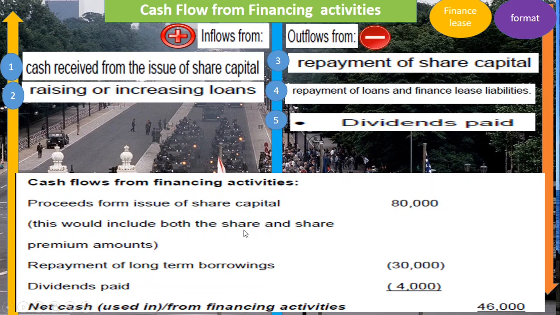This will include both the share and the share premium amount, so if you have issued shares at a premium, the premium part should also be added here. Repayment of long-term borrowing, payments of long-term loans and debentures, is minus, a cash outflow. Dividend paid, outflow. The net result is your net cash from financing activities. That's how we do it.